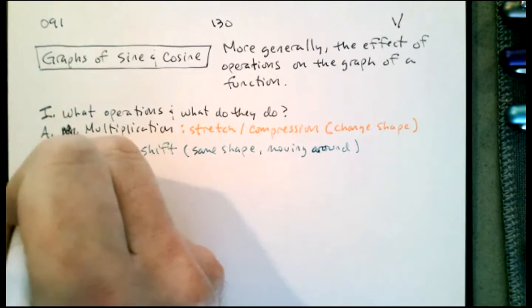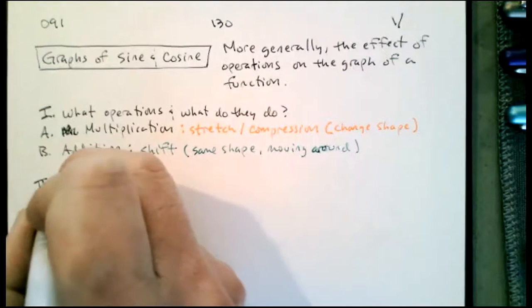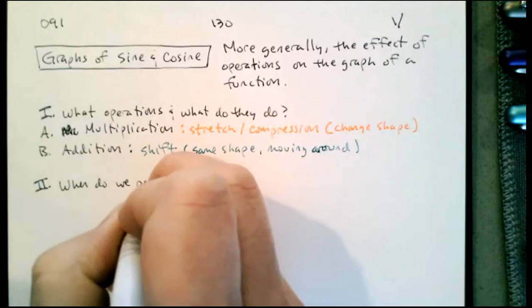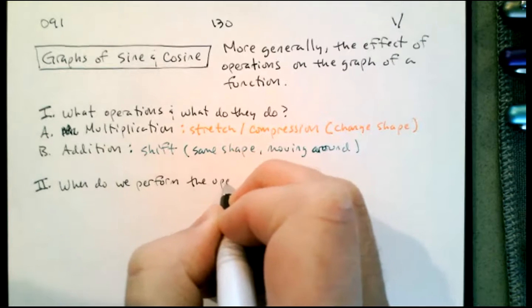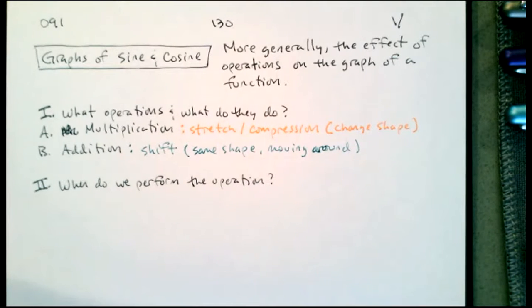We want to talk about when we will be performing these operations. When I say when do we perform the operation, I'm talking about in terms relative to when the function gets applied, when we take the sine or the cosine.